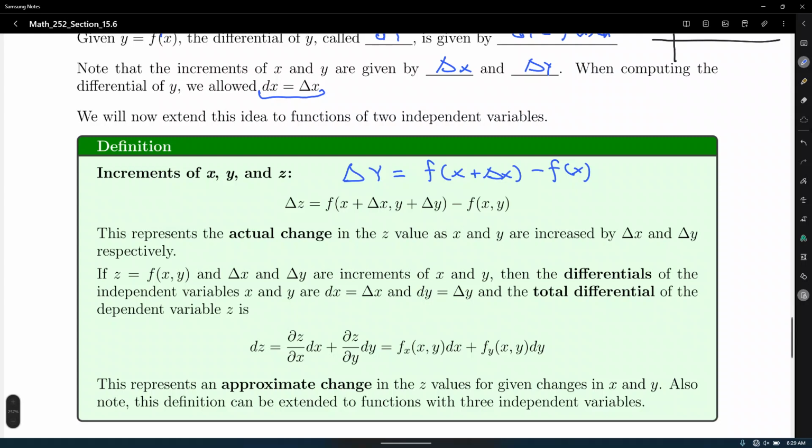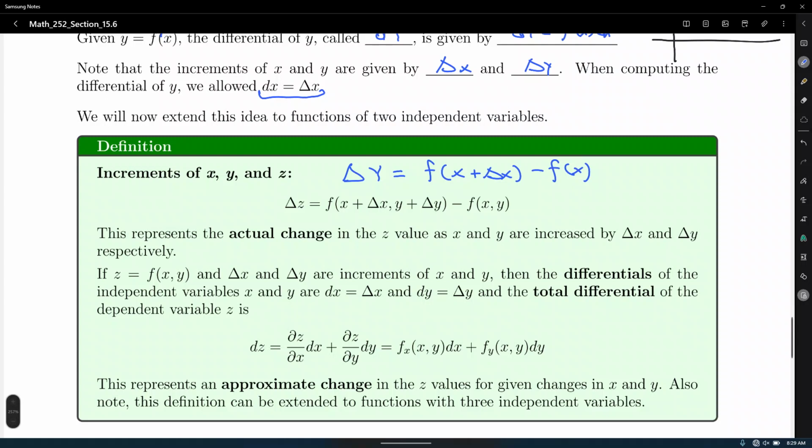Well, that increment is going to be given by f of x plus delta x, which could be plus or minus. Maybe instead of increasing the radius of a sphere by 0.1, maybe we decrease it by 0.2, so that number can potentially be negative. And then we subtract the actual value, right?